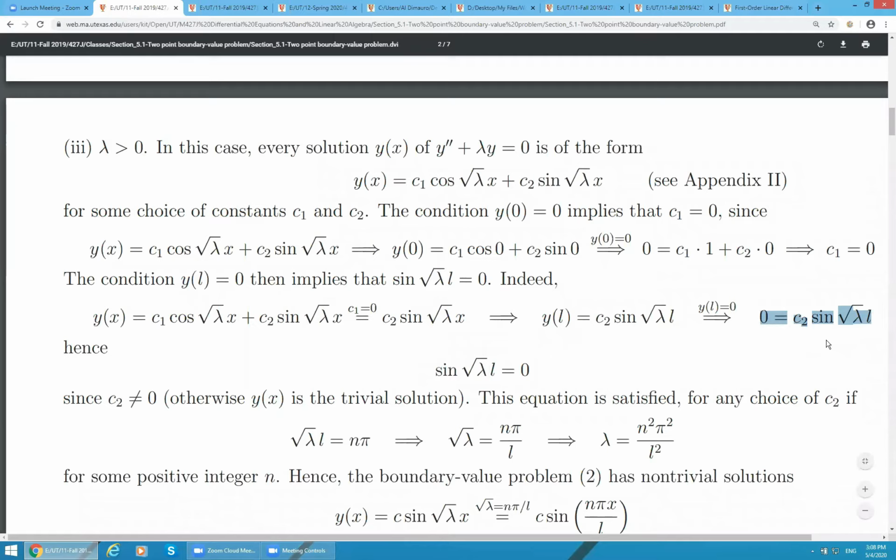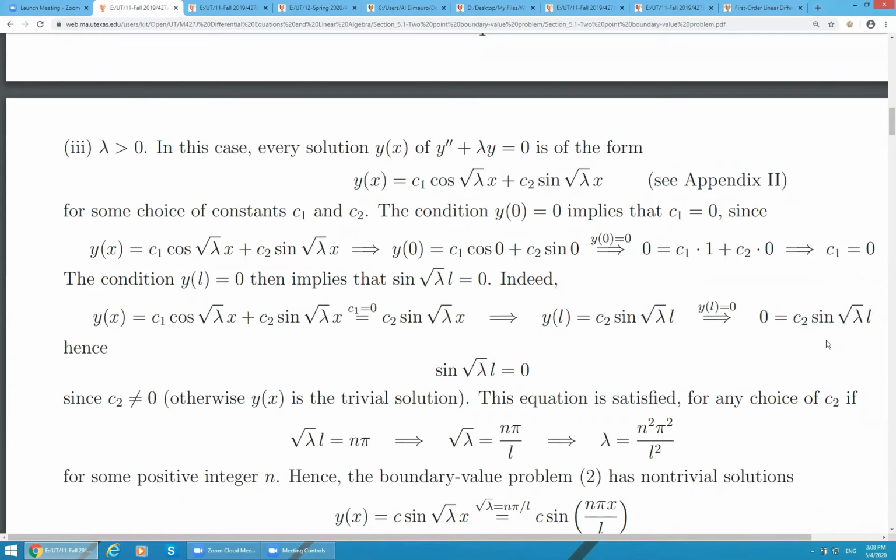Here's what we do next. Remember, we care about non-trivial, non-zero solutions. Observe that since C1 is equal to 0, C2 cannot be equal to 0, because if both C1 and C2 are equal to 0, y of x is the trivial solution.